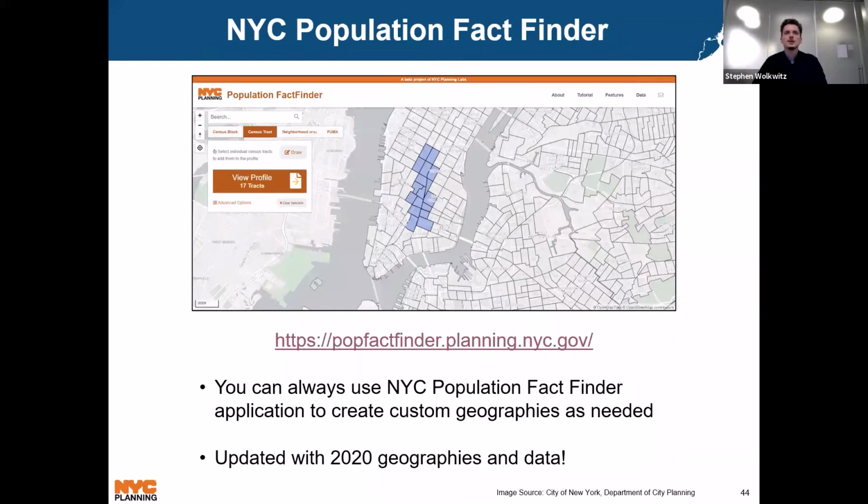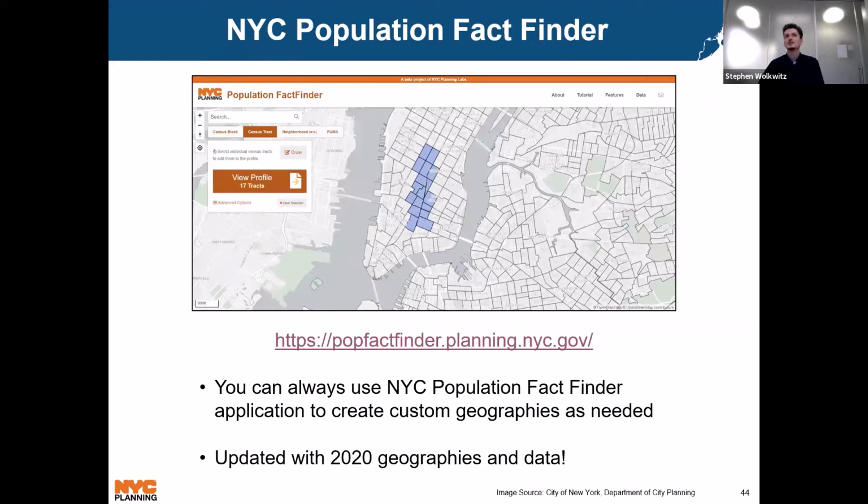And lastly, I'm very happy to announce that just yesterday, this went live online: the new update to our New York City Population FactFinder application, which you can use to create custom aggregations of all of the geographies that I've talked about today.